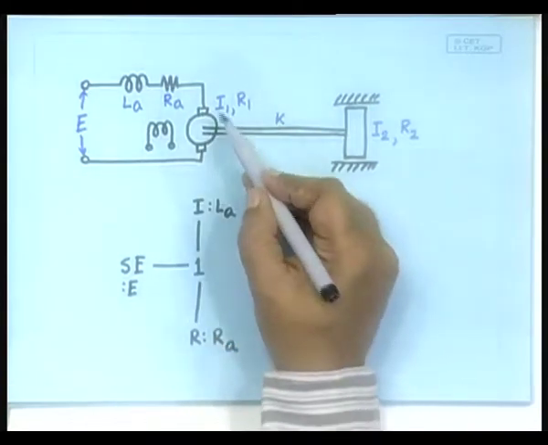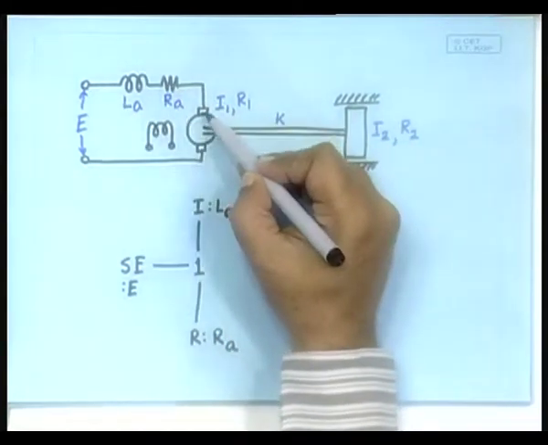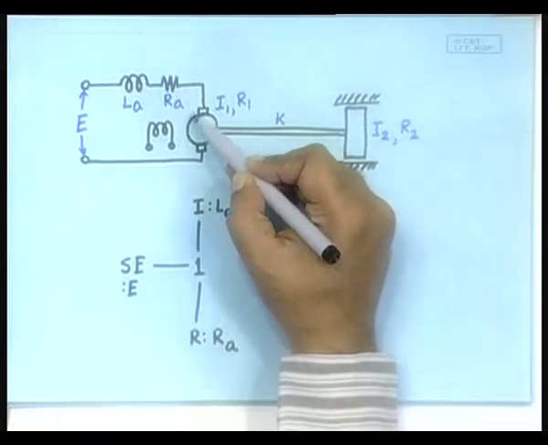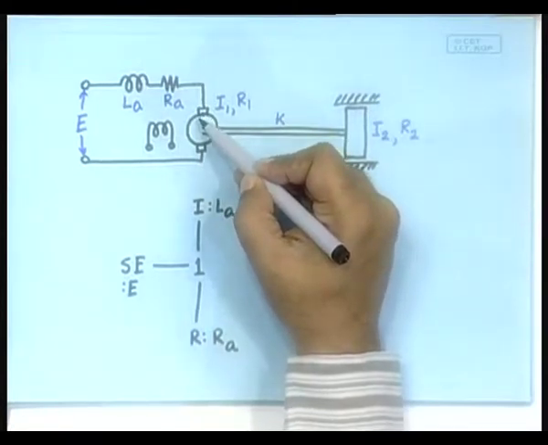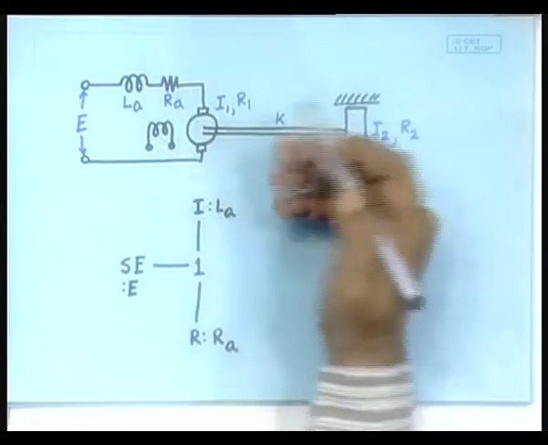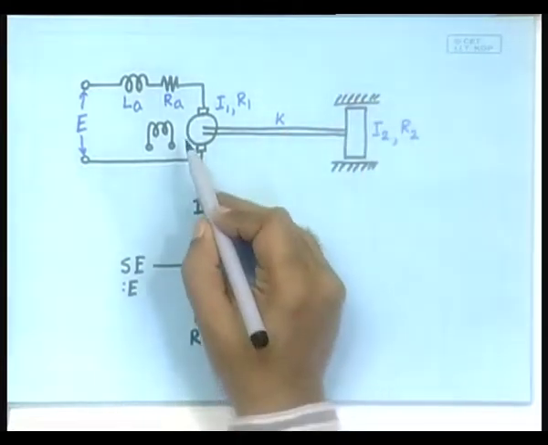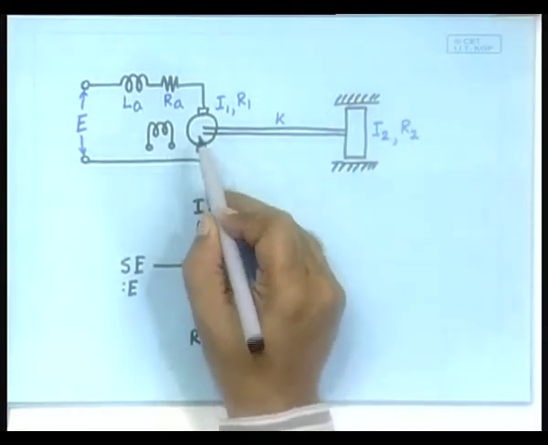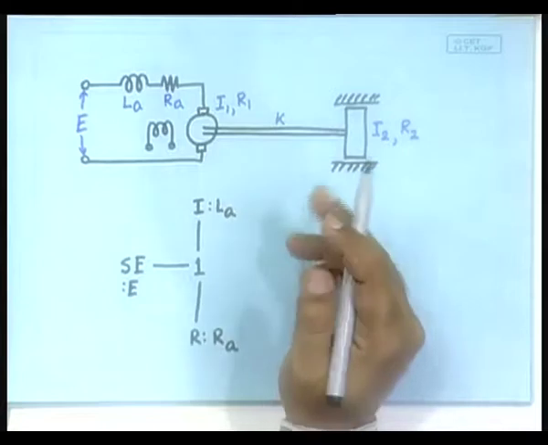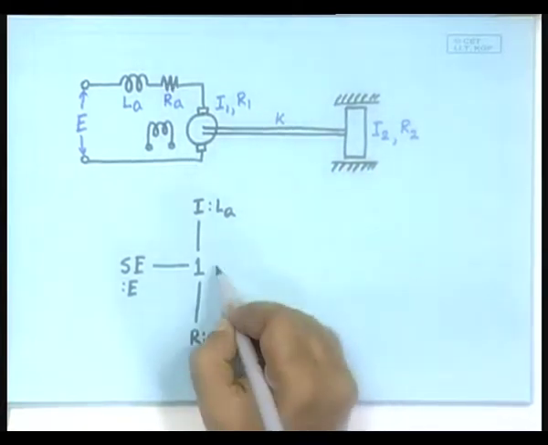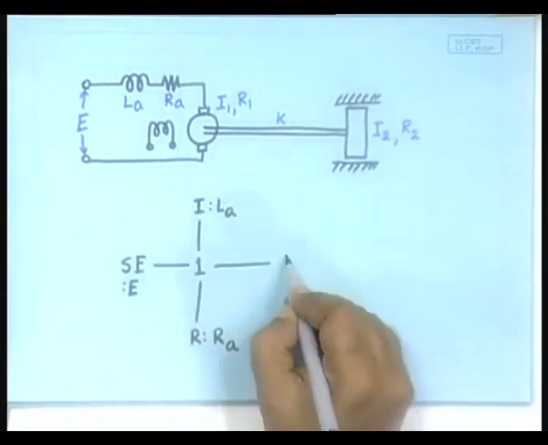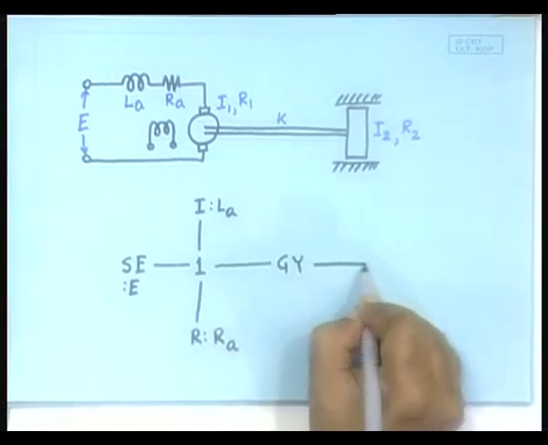Now, then what? This is also connected to something. Imagine the electrical circuit, what does it see? It sees a back EMF here. So, this back EMF is created by the electromechanical action, and as we have understood that this electromechanical action is to be represented by a gyrator. So, here is a bond which is connected to a gyrator.